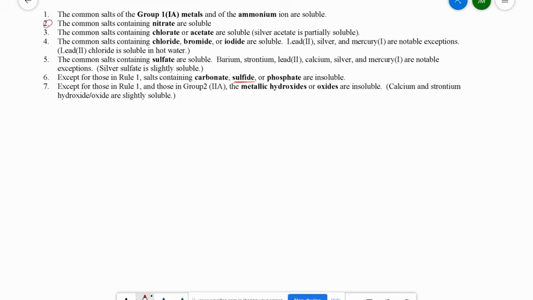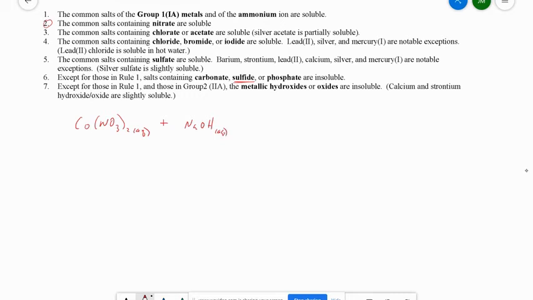Okay, let's do two examples of double replacement reactions here, and let's see if we can figure out what's going to happen. Let's start out with cobalt 2 nitrate, which is aqueous, it's a nitrate. It reacts with sodium hydroxide.